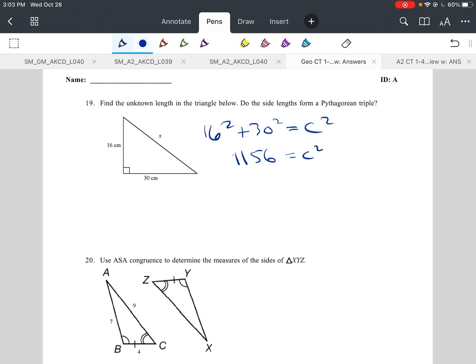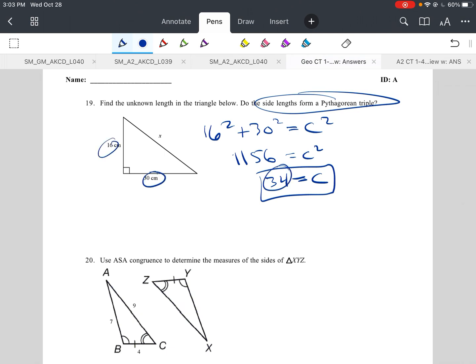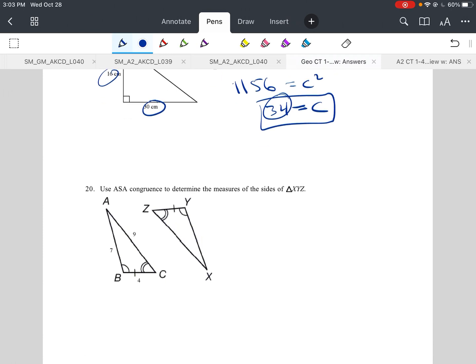Take the square root of that. I get 34. So question, do they form a Pythagorean triple? Yes, they're all whole numbers. We're good. That's all it is to be a Pythagorean triple.